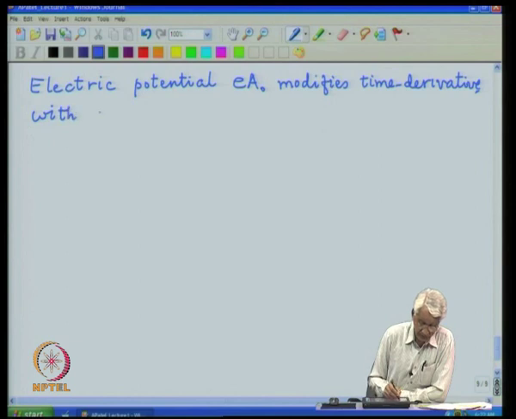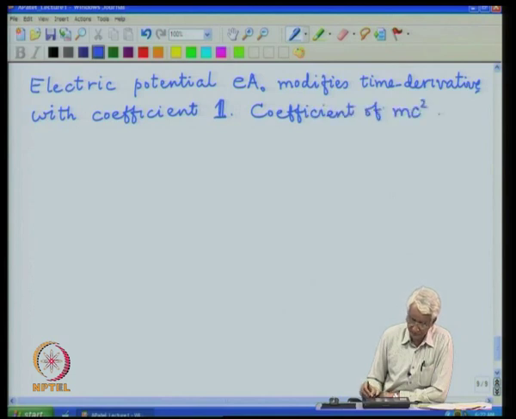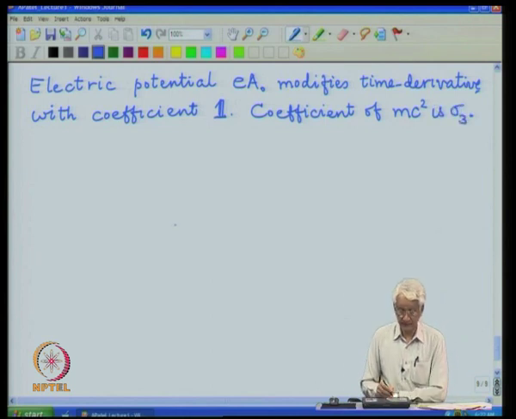with coefficient identity. On the other hand, the coefficient of the rest mass term is the Pauli matrix sigma 3, and this says that the two types of solutions behave differently in mass and in terms of charge.